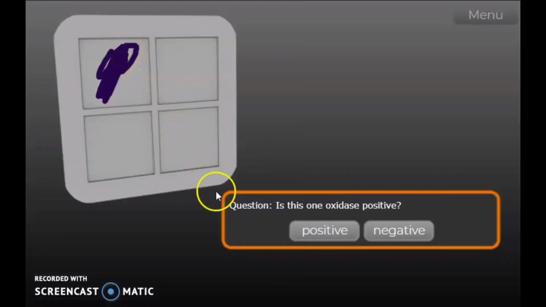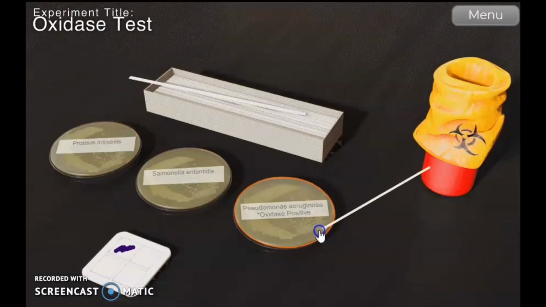And then watch the color. If the color changes to blue, that means the bacteria is positive. And then dispose of the toothpick.